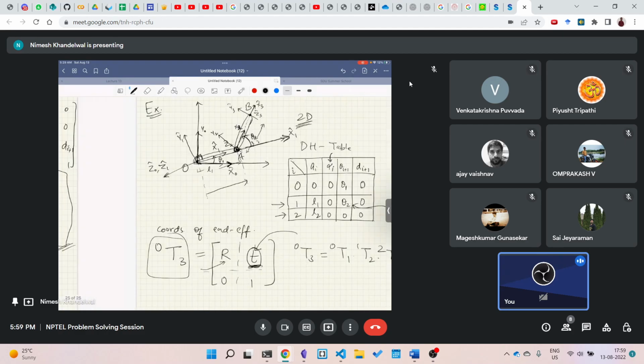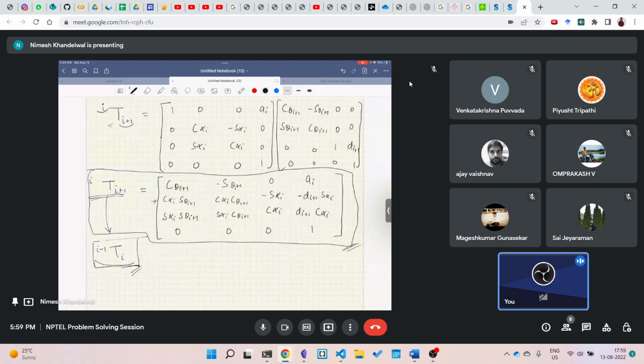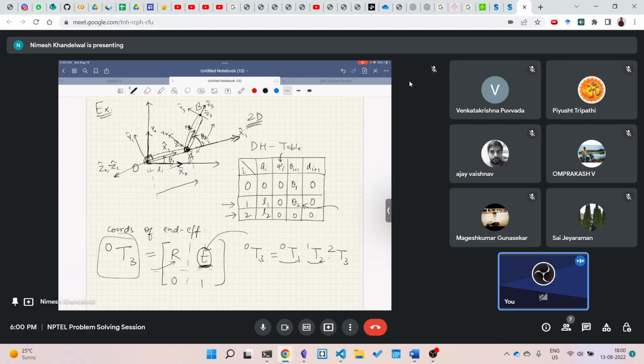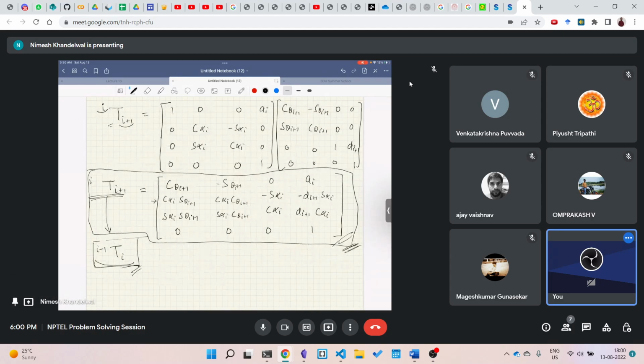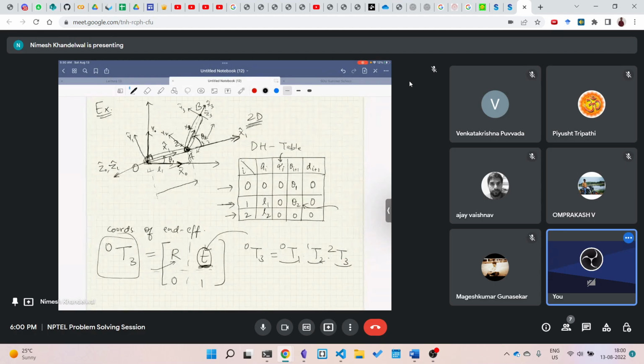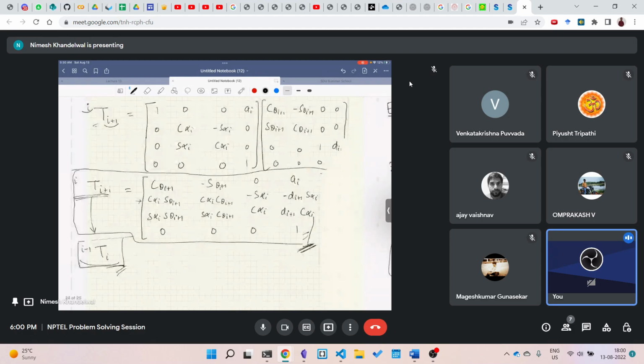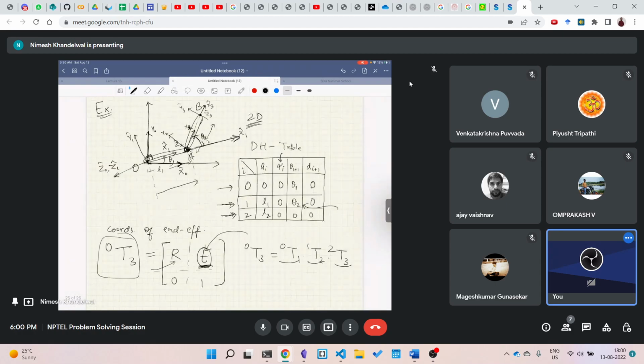So now you know that it is the transformation between successive frames, so you can just use this result and plug these numbers in for every i plus 1 and i, and you'll get these transformations.